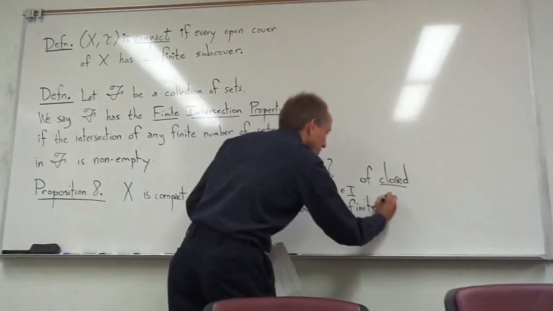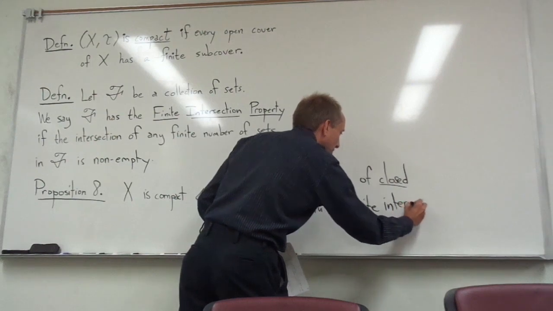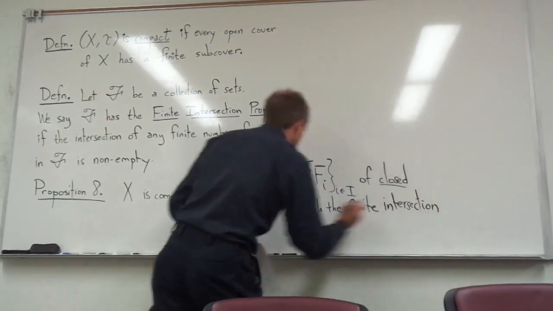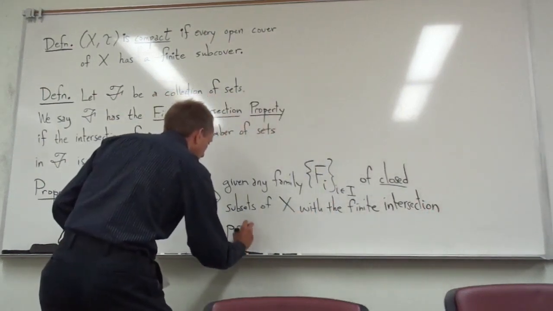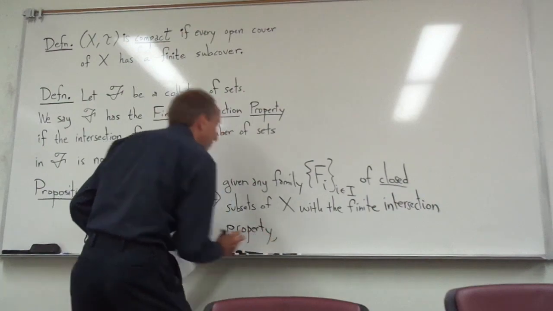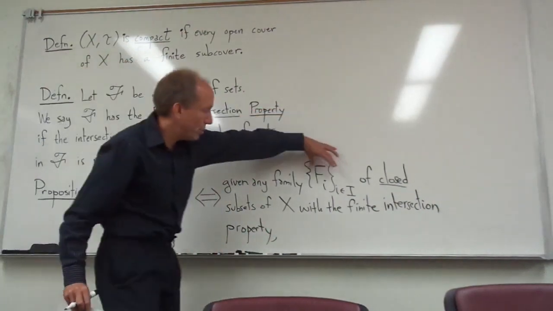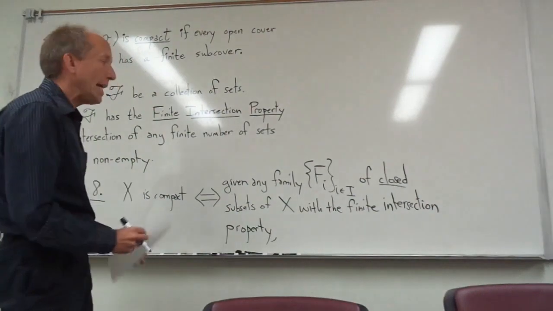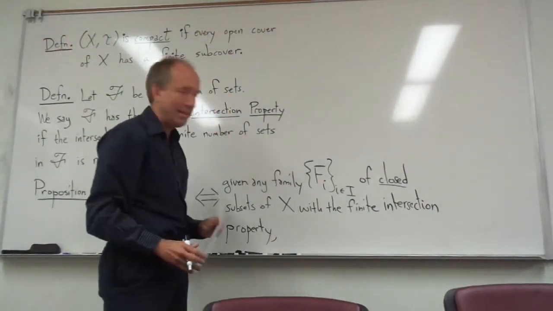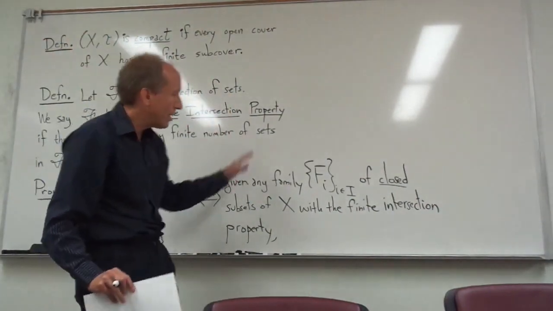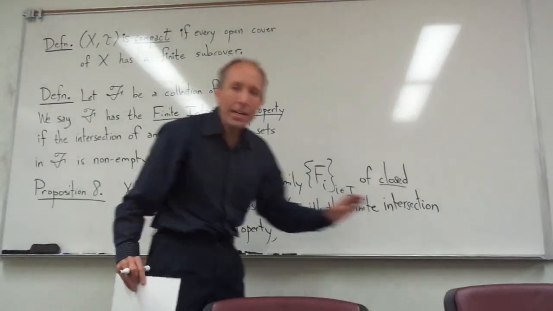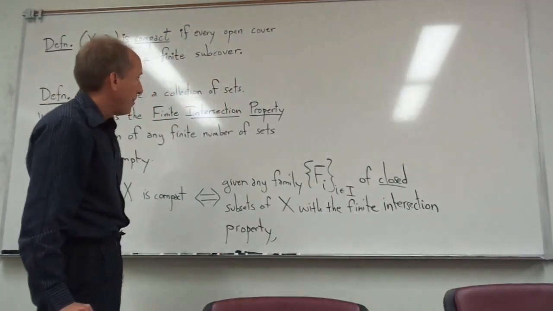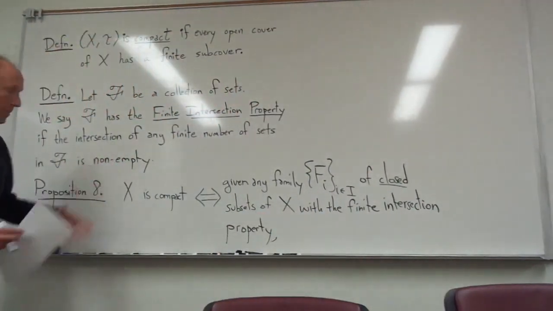Okay? Here's the finite intersection property. Okay, so if we have a family of closed sets, take any family of closed sets with the property that all finite intersections are non-empty.